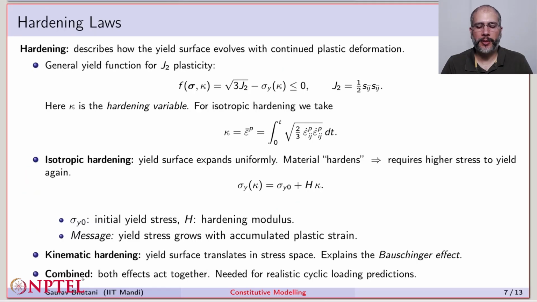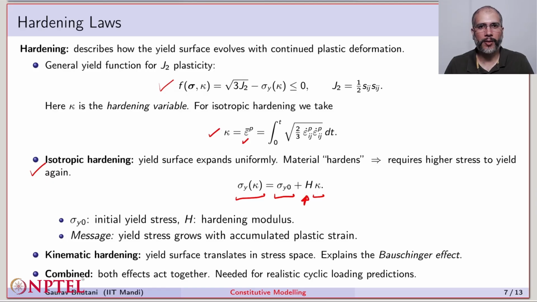So the third step is to identify how the hardening happens or how the yield surface changes. So we talked about the yield function for J2 plasticity like this. So in this theory of isotropic hardening, we say that the yield sigma, which is a function of kappa, is basically some initial yield, that was the yielding when there was no hardening, that's the first time you plastically deformed the material, plus kappa times some hardening modulus.